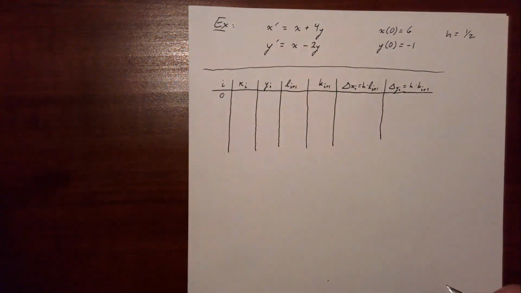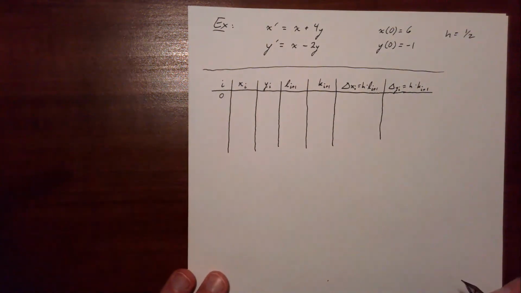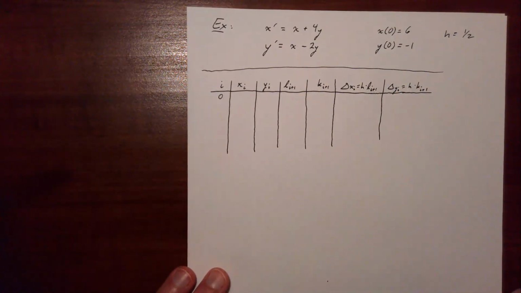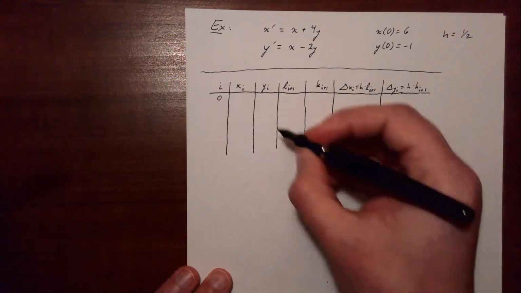We'll just do this for a couple of values, because as you're going to see, the values get pretty big pretty fast when we're doing this.